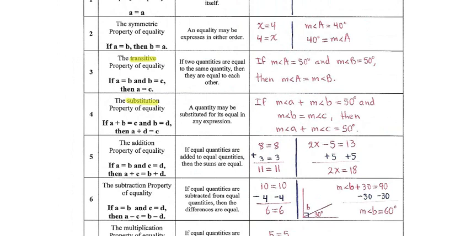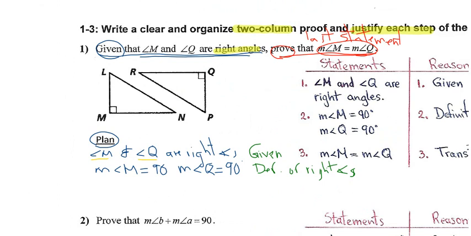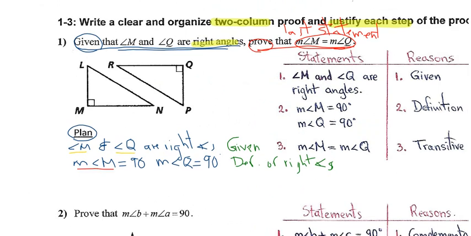And in this case, we're going to be using the transitive property because it says that if two quantities that look different are both equal to the same quantity, then these two quantities are equal to each other. And actually, that's what we have in our proof. Going back to the proof, we have two quantities that look different, but both of them are equal to 90, which means that they are equal to each other.